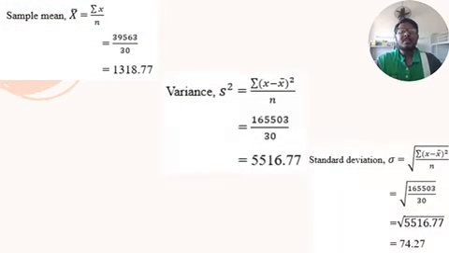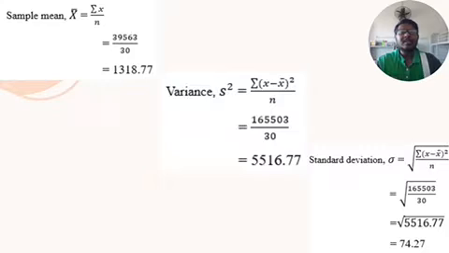As stated before, these are the sample mean, variance, and standard deviation, where the sample mean is equal to the summation of x over n, where the summation of x is the total calories, that is 39,563 over the n value of 30, and you will get a sample mean of 1318.77.